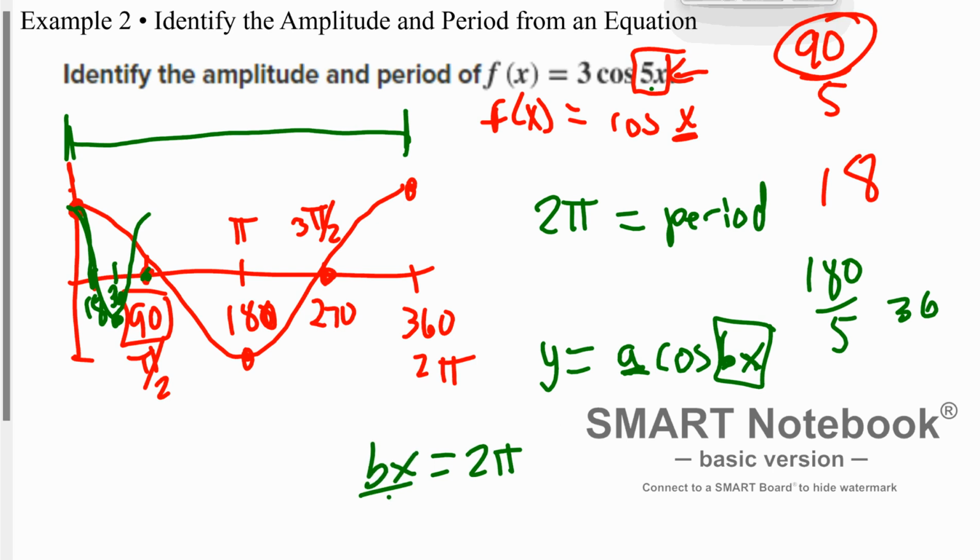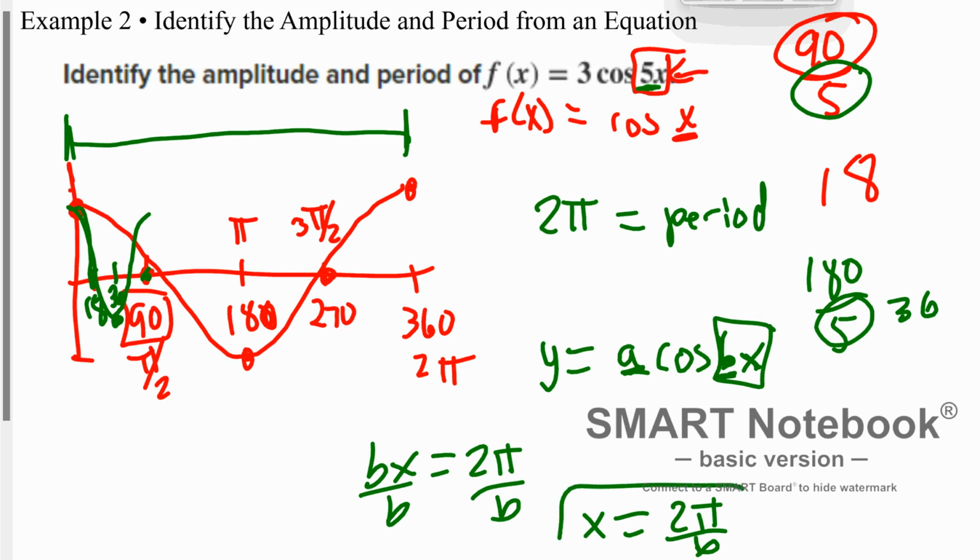So now if we just divide this by b, now we get x by itself just like it was originally, right? Okay, so our period is always 2 pi divided by b.